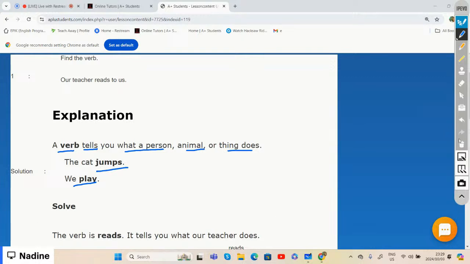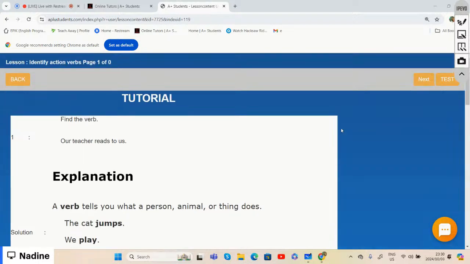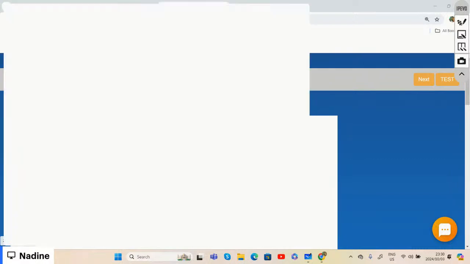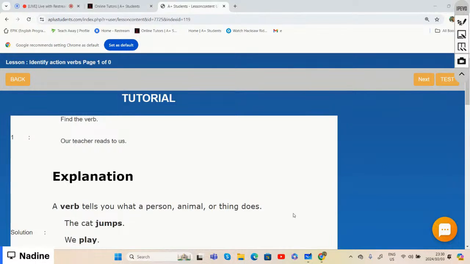All right. So now we're going to look at an activity where we're going to identify the action verbs or the verbs, and then we're going on to our test. All right. So now it says we need to find the verb.